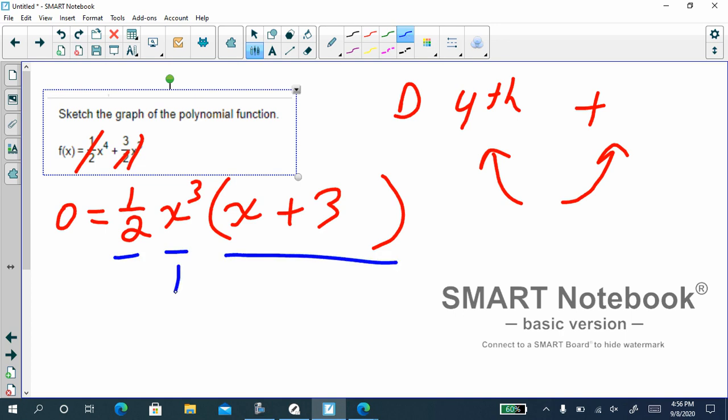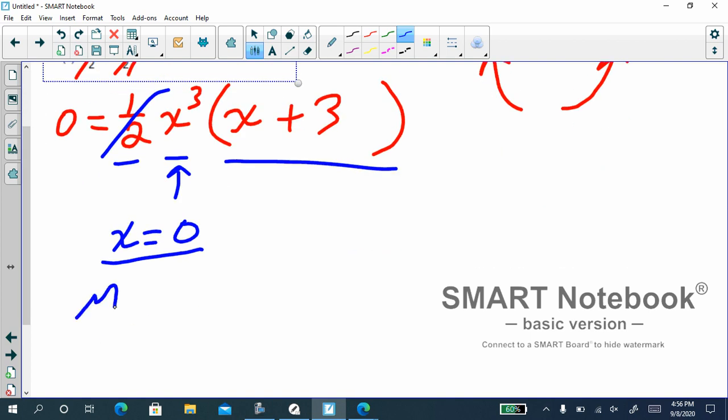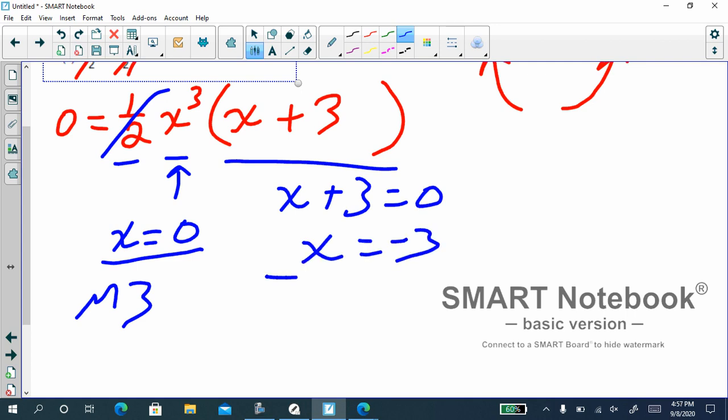The one in the middle, that x occurs 3 different times. So if we're looking for the zeros, that can't equal 0. So we set that factor equal to 0, and that factor occurs 3 times. When we set the next factor equal to 0 and subtract 3 from both sides, that one occurs 1 time.